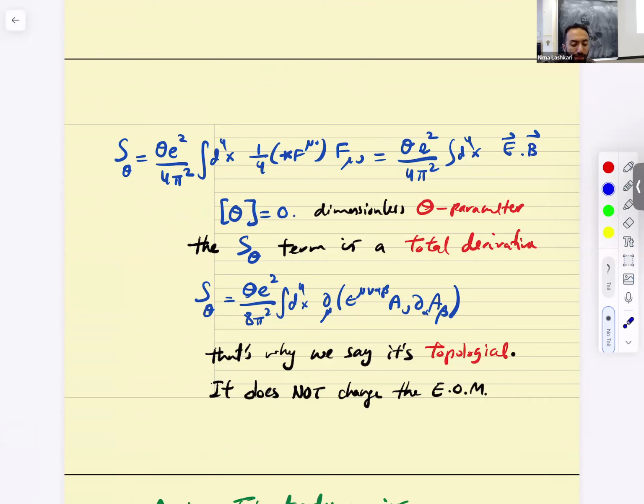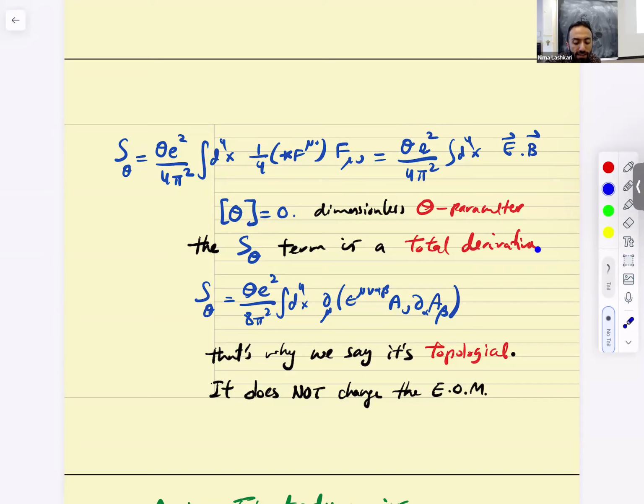All right, so S theta is the theta term. It's theta over 4 pi squared times the dual F mu nu Lorentz contracted with F mu nu. That corresponds, in the abelian theory, to E dot B. That's what the term is. In 4 dimensions, theta is dimensionless, so it's a theta parameter.